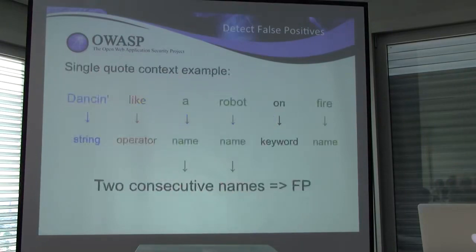One example: here you are in a single quote context, with the example 'dancing like a robot on fire'. Dancing is a string because it ends with a quote, and like is an operator, followed by two consecutive names. Now you know that's not SQL injection, because that's not possible in a valid query.